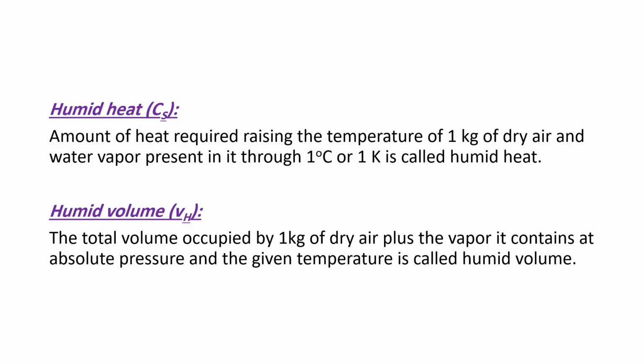Humid volume is the total volume occupied by 1 kilogram of dry air plus the vapor it contains at absolute pressure and the given temperature, and is called humid volume.